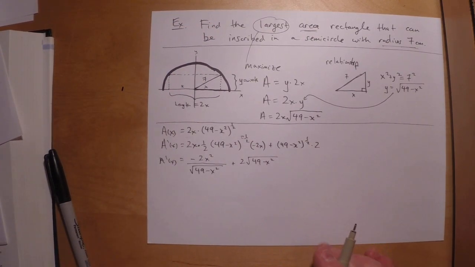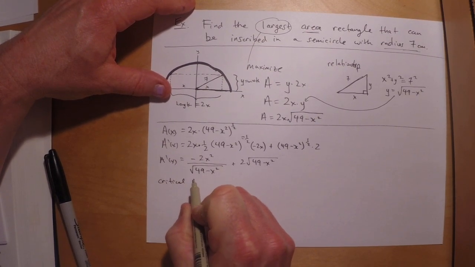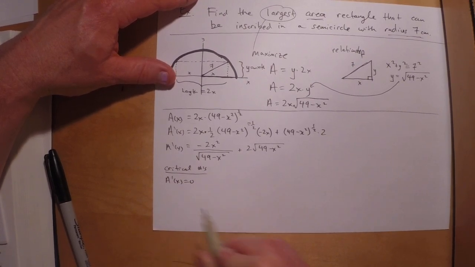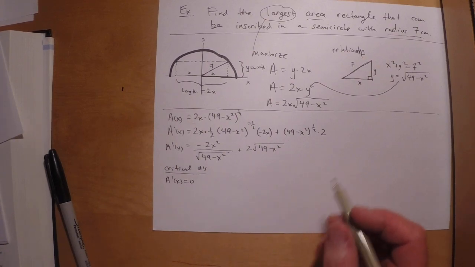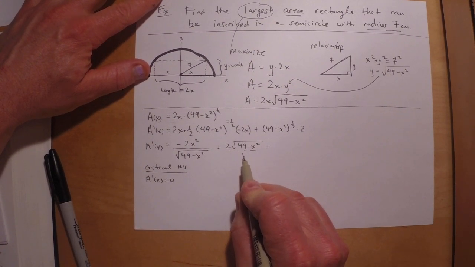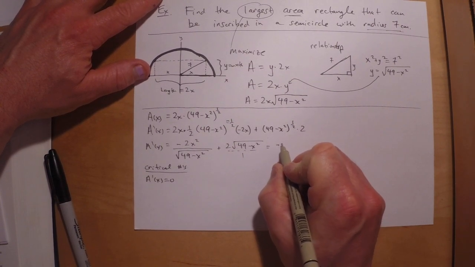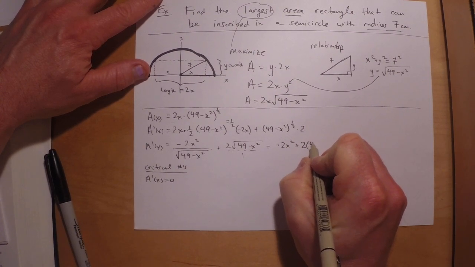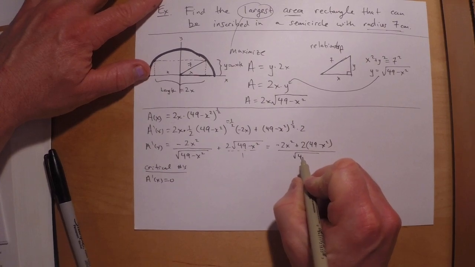So there's my derivative. I now have to do my critical numbers. So where is this equal to 0? I might get a common denominator first. That might be the wisest thing to do. So back here, if I put this over an imaginary 1, multiply this top and bottom by root 49 minus x squared, I would end up with negative 2x squared plus 2 times 49 minus x squared, because I'm multiplying that by the root 49 minus x squared.